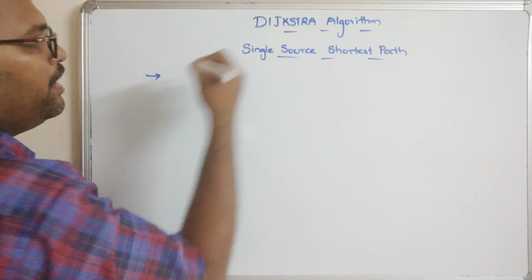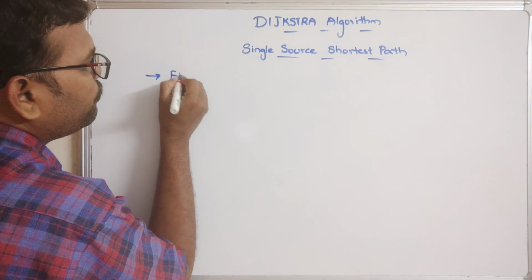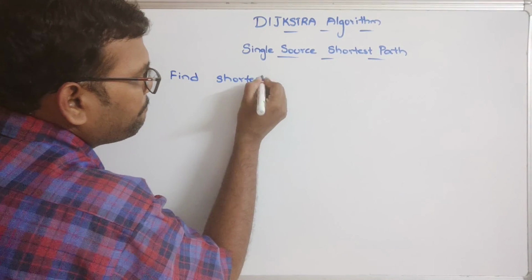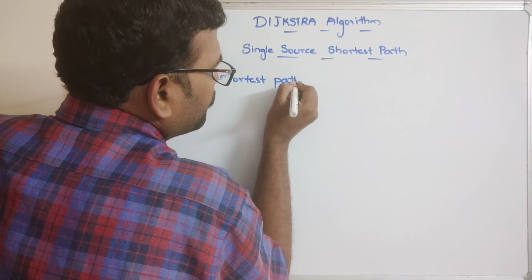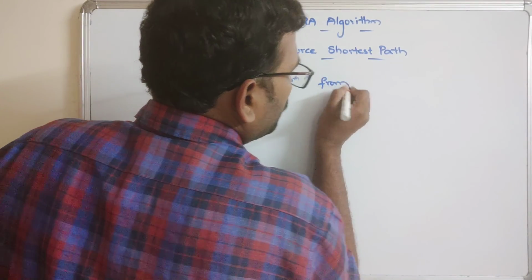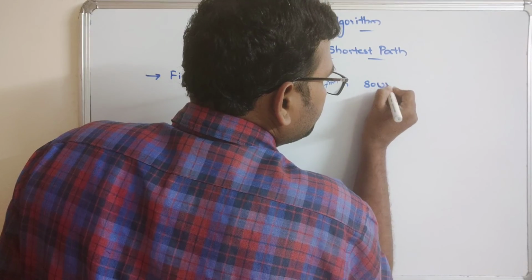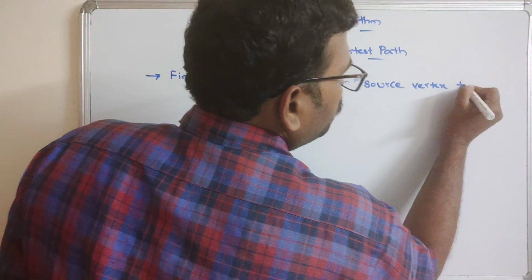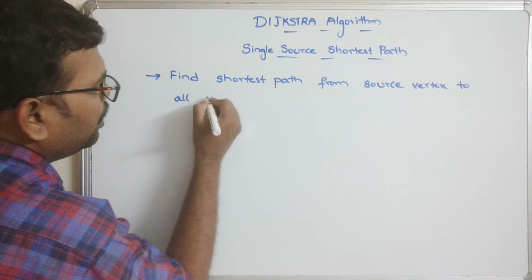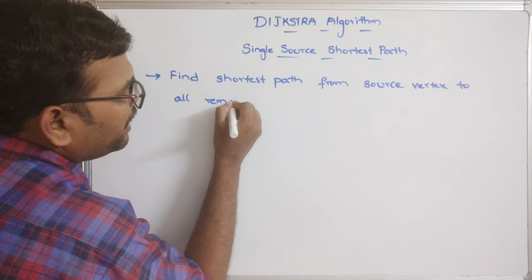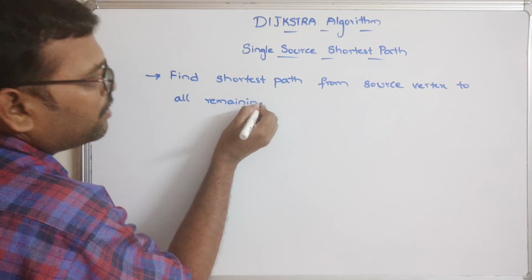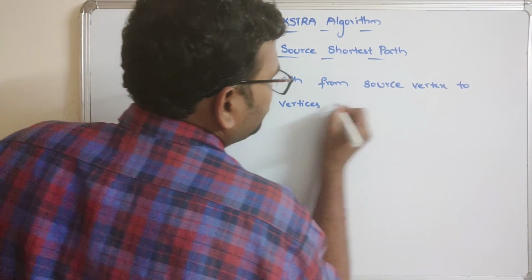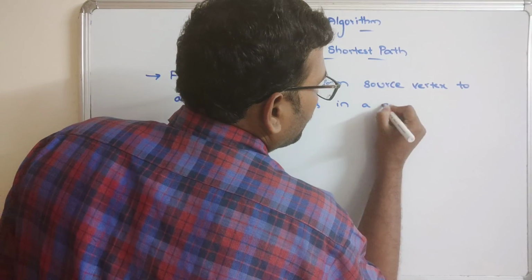So the main aim is to find the shortest path from the source vertex to all remaining vertices in a graph.